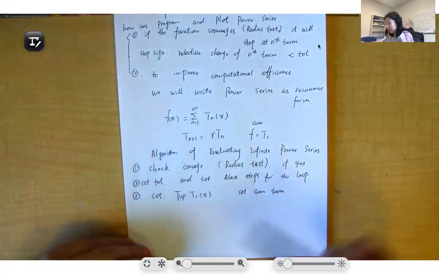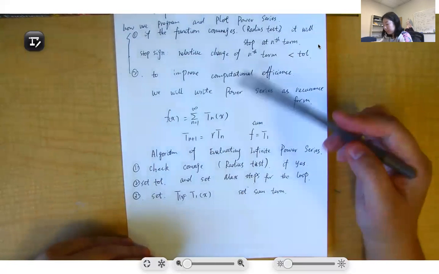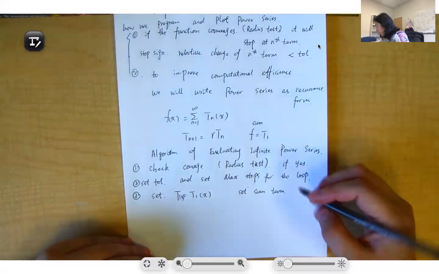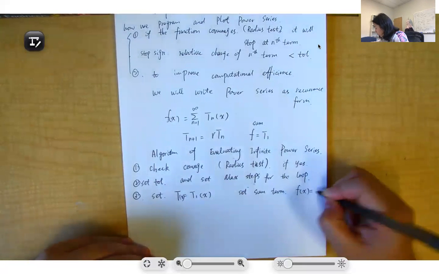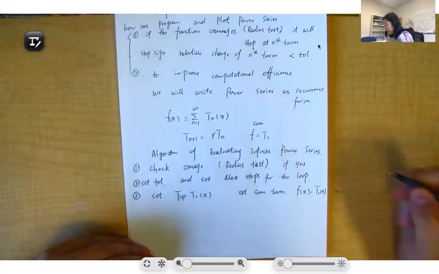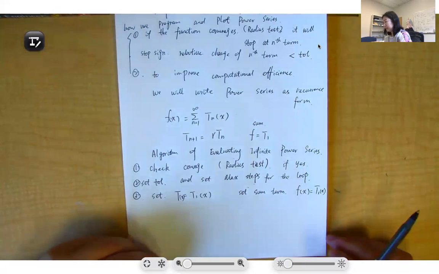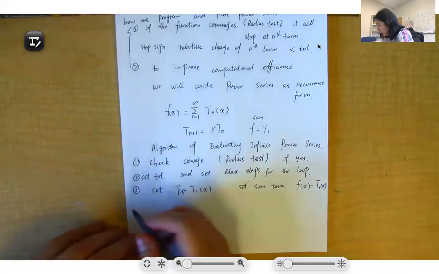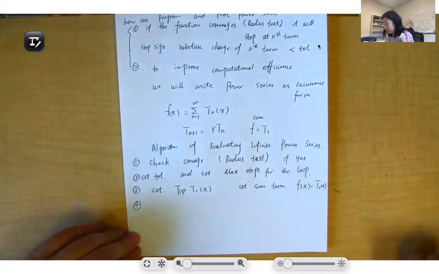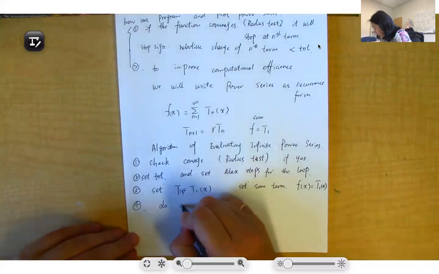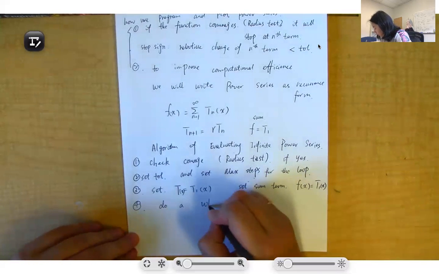Because a power series is a sum of all the terms, let's set the initial one where f(x) equals t_1(x). Then later you just keep updating this f(x) by adding more terms of t into it. Then the fourth step, you will do a loop. Let's choose a while loop.